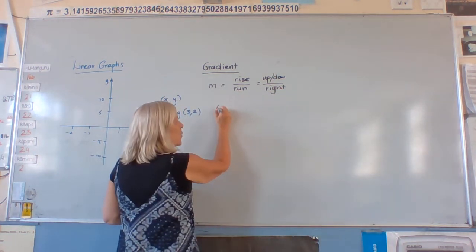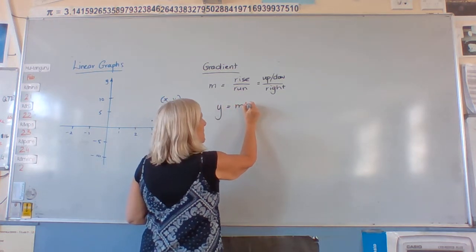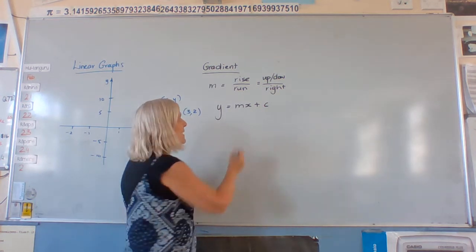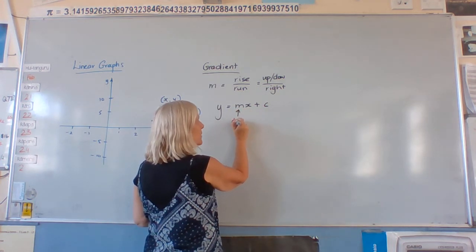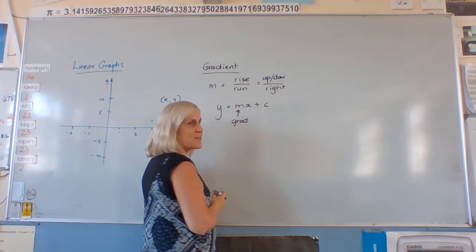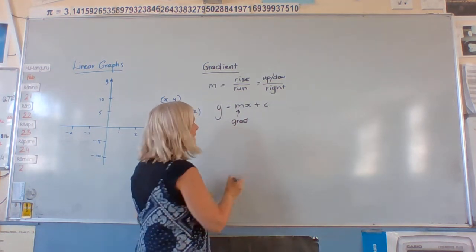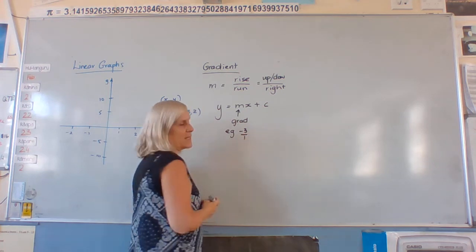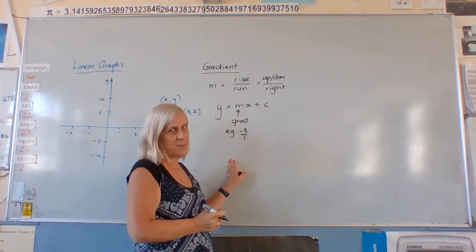So our equation for our graph may look like this. Y equals mx plus c. This is the gradient, and we want the gradient to be written as a fraction. So if it's a whole number, let's say it was -3, we would just put a 1 underneath. But if it's already a fraction, we don't need to worry about that part.